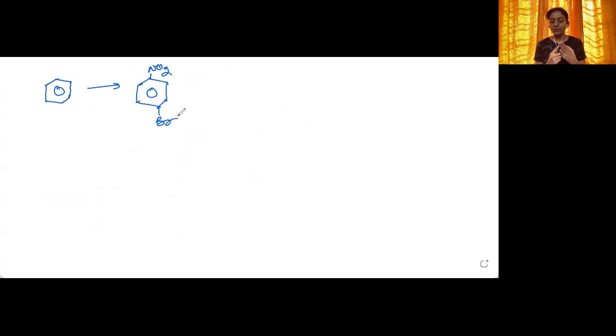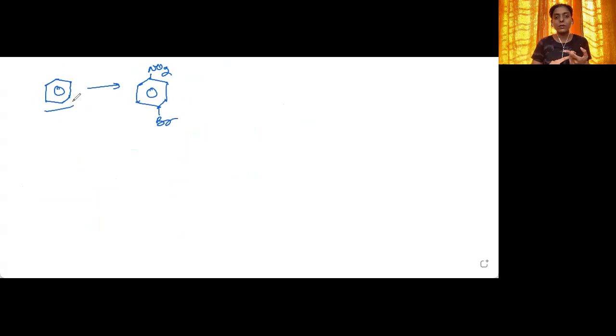We need to convert benzene into nitrobenzene, at the fourth position of which we have a bromo group. Now here it can have two possibilities. First, I convert benzene into bromobenzene, then I do the nitration to introduce the nitro group.